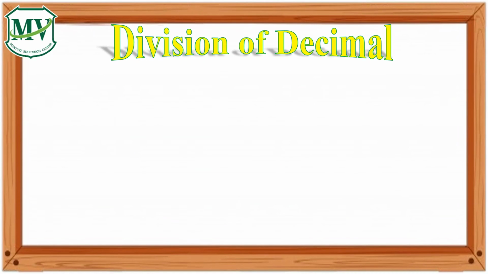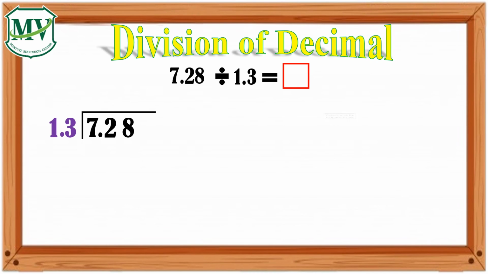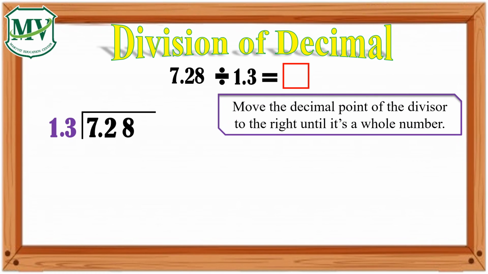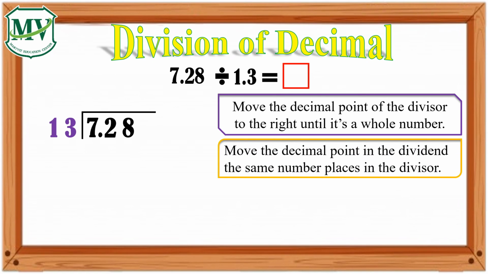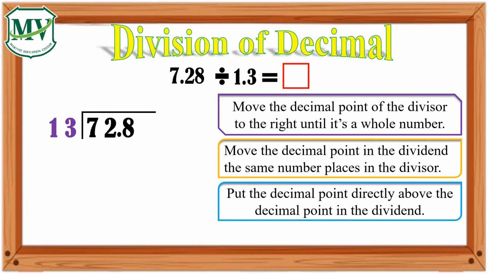Let's have another example. Find the quotient of 7 and 28 hundredths and 1 and 3 tenths. To make the divisor a whole number, move the decimal point to the right until it's a whole number. Then move the decimal point in the dividend the same number of places as in the divisor. Next, put the decimal point directly above the decimal point in the dividend.